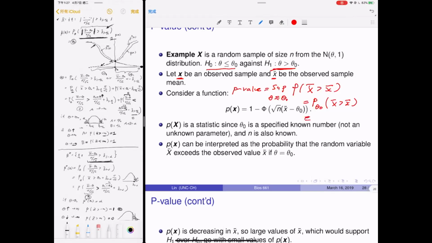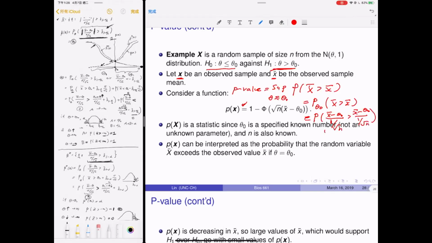In order to get this equation right here, you just do standardization. Because of normal 0, 1, I can write 1 over square root n, then x bar minus theta 0, over 1 over square root n right here.